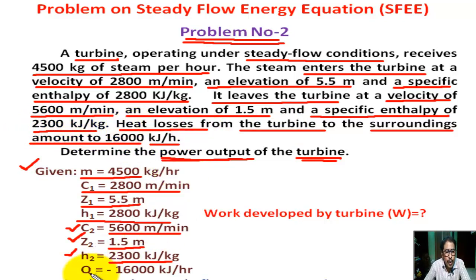Heat loss Q equal to heat losses from the turbine to the surrounding. It is minus, for turbine Q is rejected, minus 16000 kilojoule per hour.